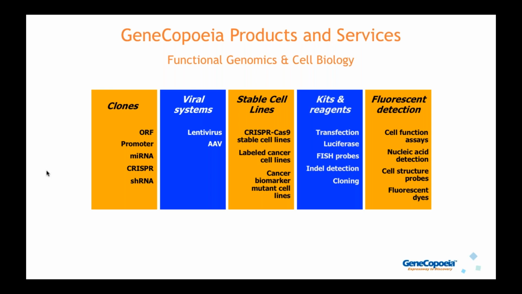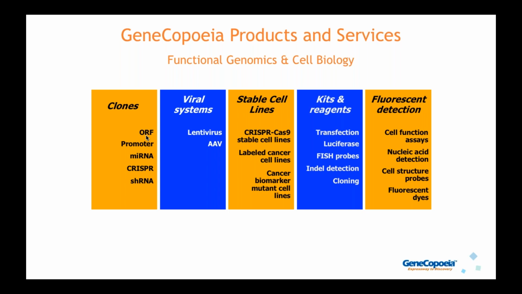Okay, so I want to now tell you who we are at GeneCopia and what we're about. We were founded back in 1999 as a company that provided large collections. In fact, they're genome-wide collections of mostly human and mouse ORF clones or open reading frame clones. These are plasmid clones that contain the open reading frames of genes, and they're ready to express in cells or in bacterial systems or various other systems the day you get them.